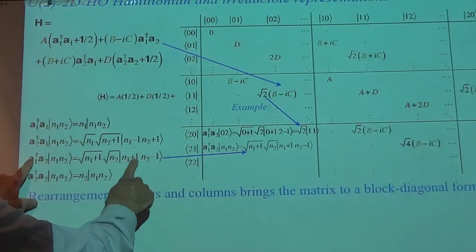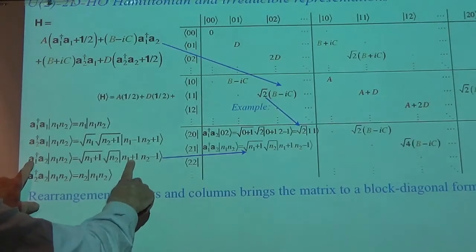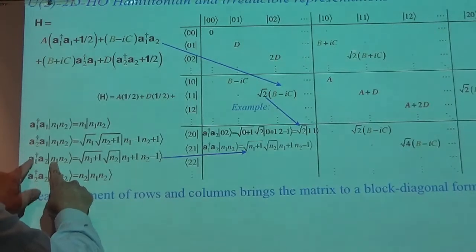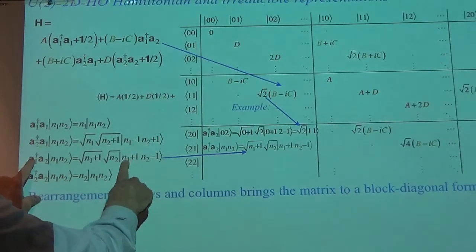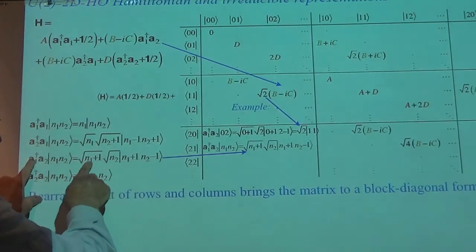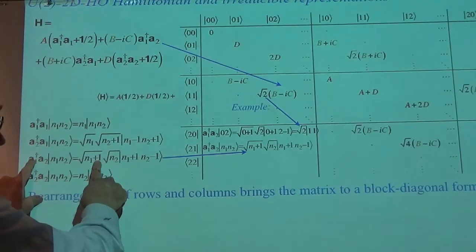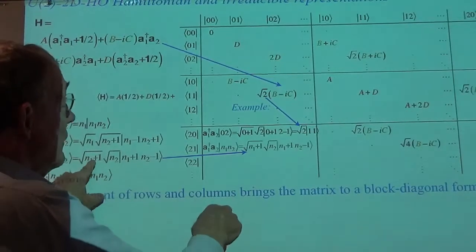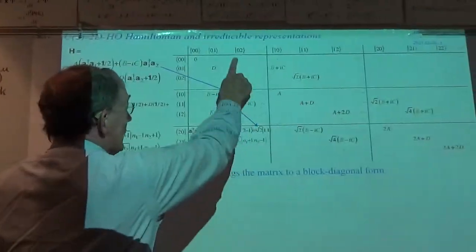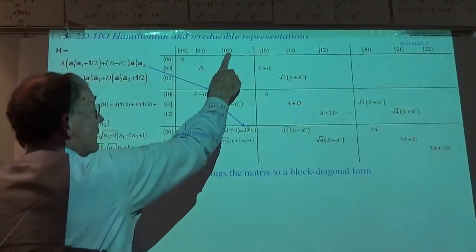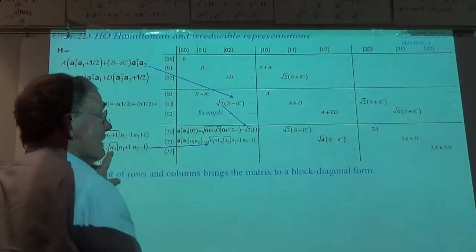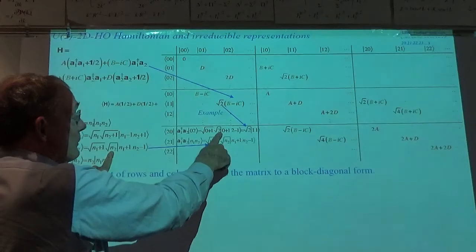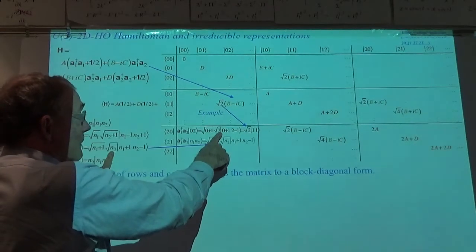That's this quantum number right here and here. It takes this number right here and raises it by 1. And then the larger number is that, so you have a square root of n1 plus 1 for that. So the square root, if we're starting with n1 in this particular case equal to 0 and n2 equal to 2, all right, you're going to get the square root of 0 plus 1 and the square root of 2 right there.